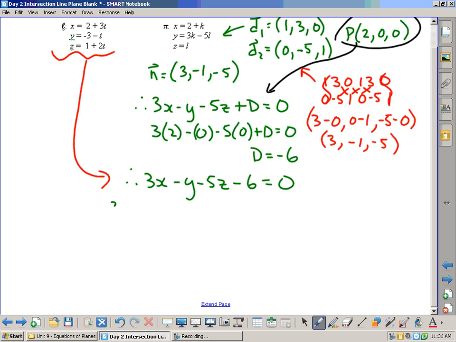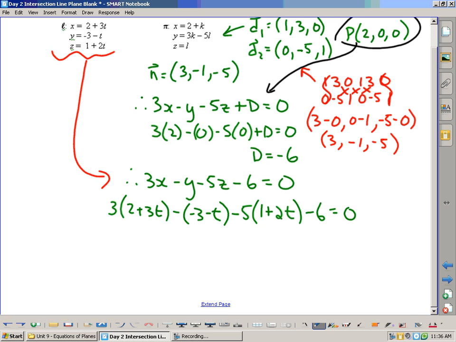So wherever we see an x, we're going to replace with 2 plus 3t. A y will replace with -3 minus t. And the z we're going to replace with 1 plus 2t. -6 equals 0.